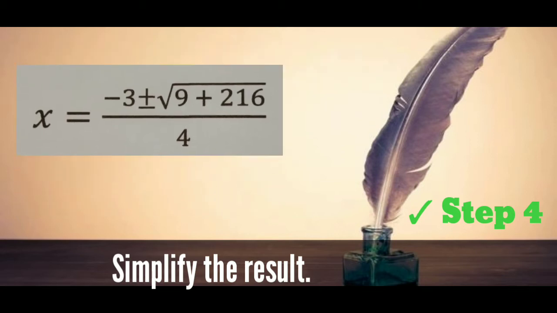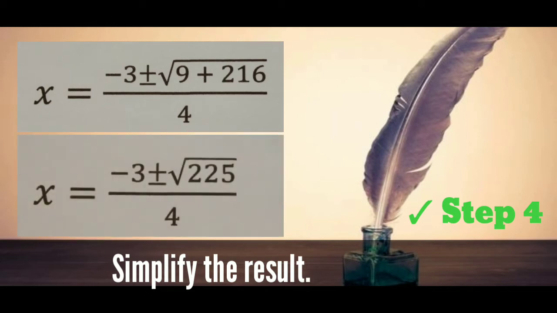So let's continue. x equals, just copy negative 3, plus or minus the square root of 9 plus 216 equals 225. So that's why it's the square root of 225 over, just copy 4. So we have x equals negative 3 plus or minus the square root of 225 over 4.